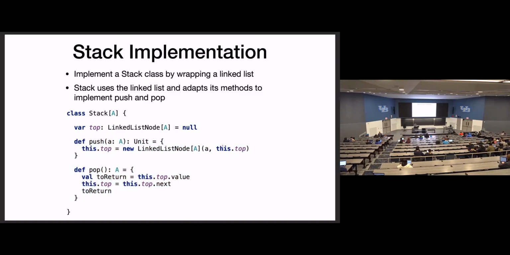Push is going to add that element to the top of the list, to the front of the list, and update the pointer, update the reference. And then pop is going to take that value from the top of the list, pop it by removing it by updating the next to the next, like we saw how to remove an element from a linked list. We're going to remove that element, and then we're going to return the element that was popped.